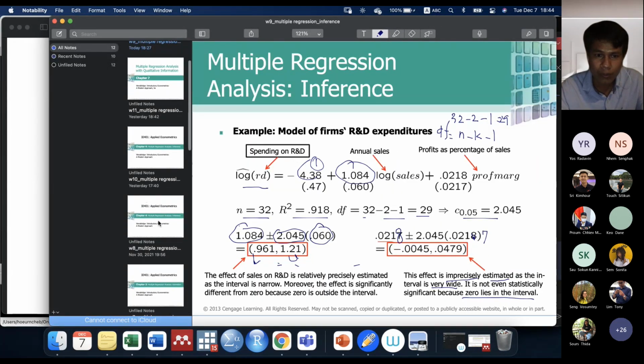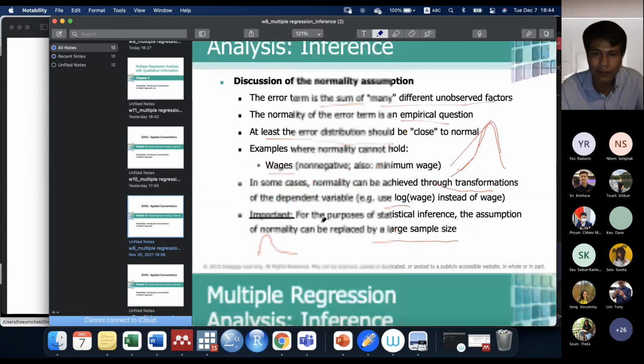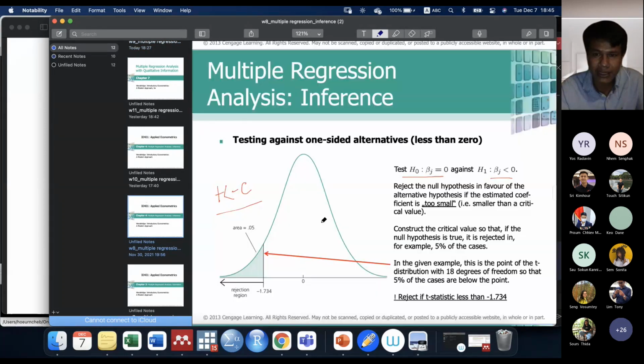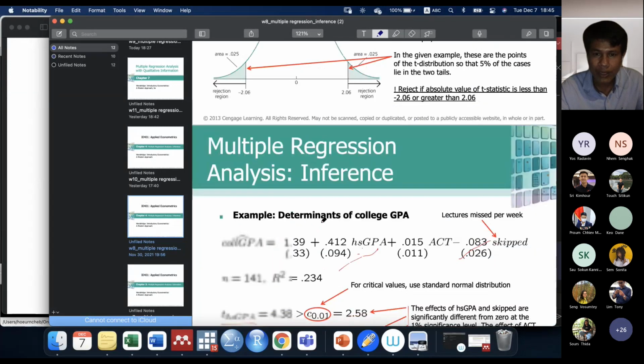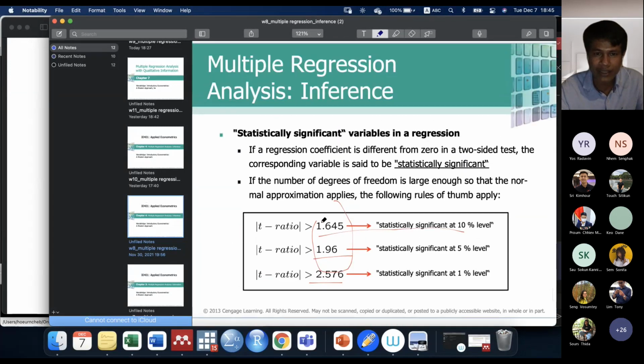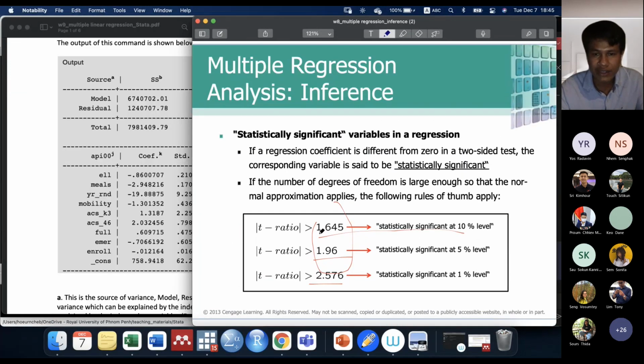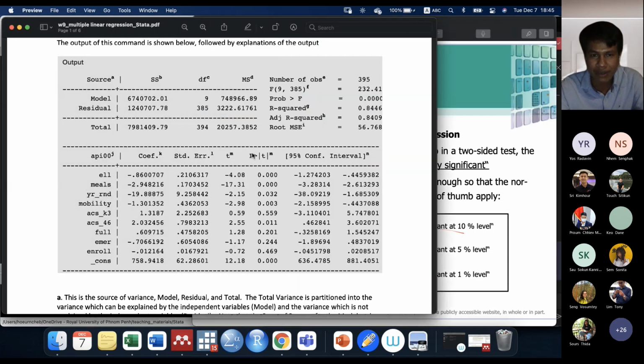The general rule of using t is what? What is the 5% level? The t critical value for 10%, for 5%, for 1%. You have to remember the three critical values if you want to interpret based on t.